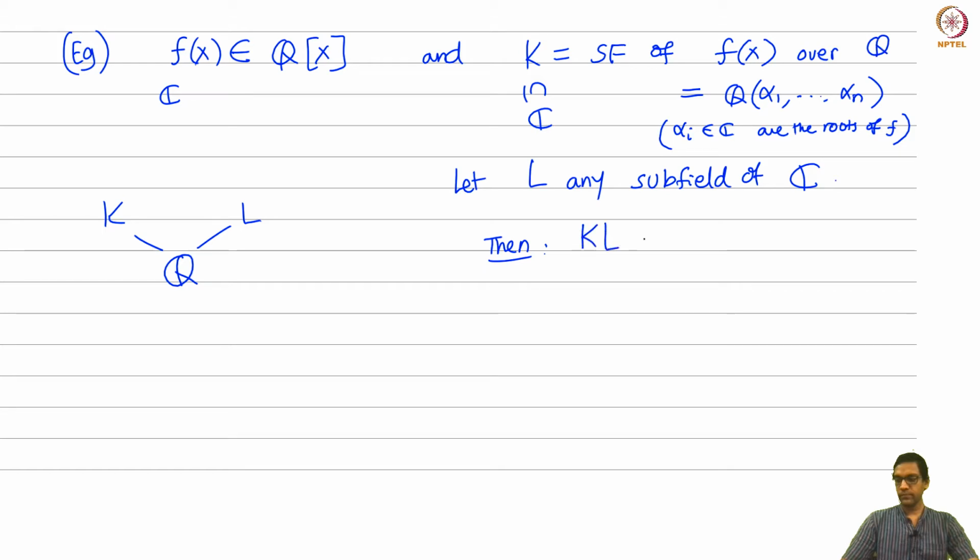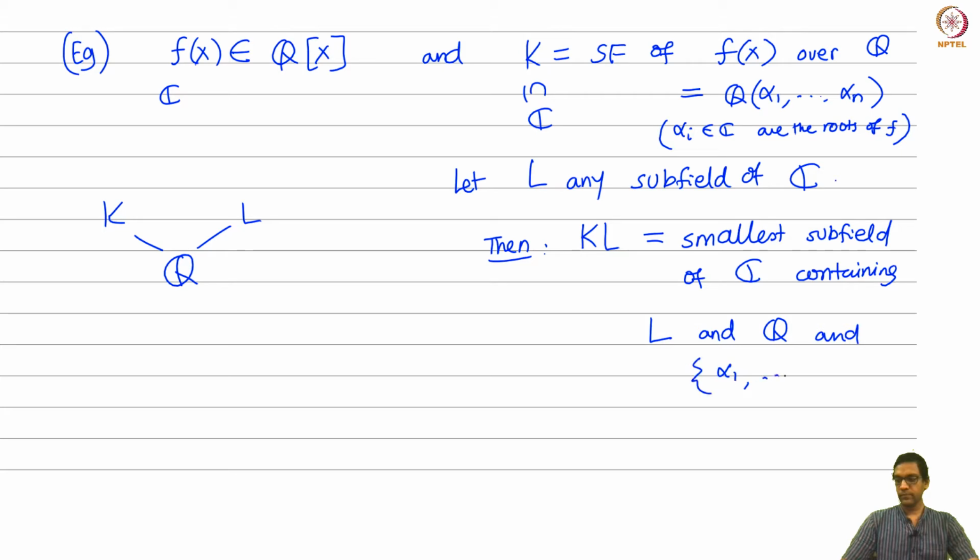Now if you take an arbitrary subfield L, the key word here is that it's a splitting field over Q. Now the composite KL is, well, what is it? It's the smallest field which contains both K and L. So observe, just by definition, this is the smallest subfield of C containing L as well as K, but K is nothing but Q and the n roots.